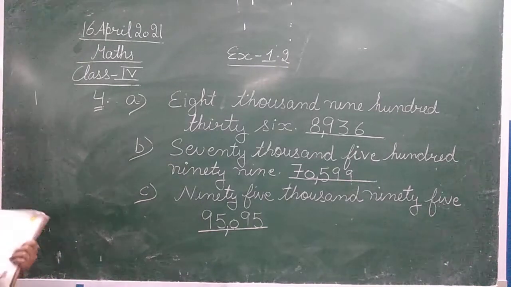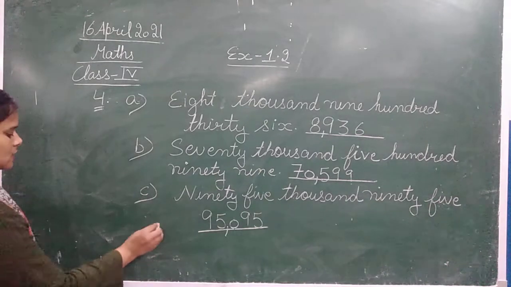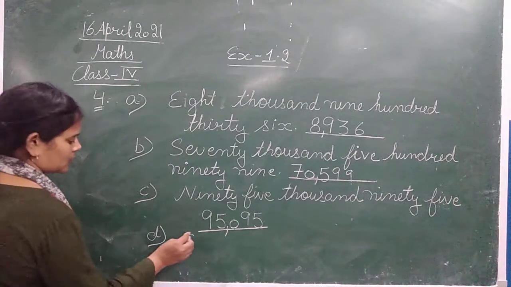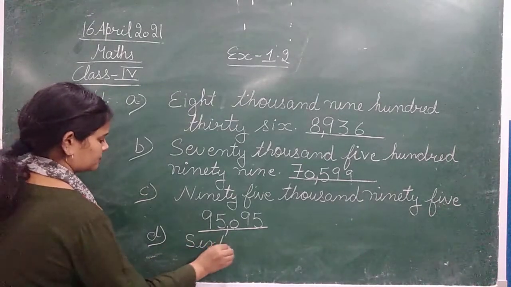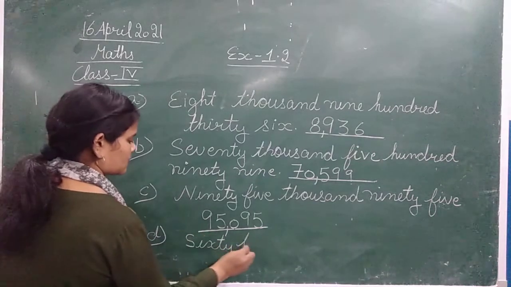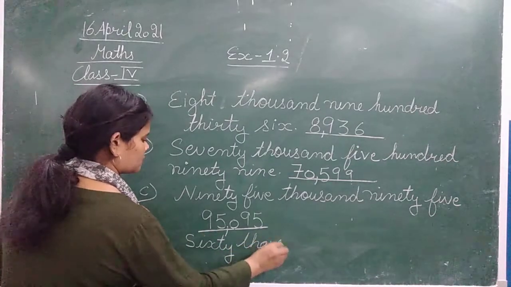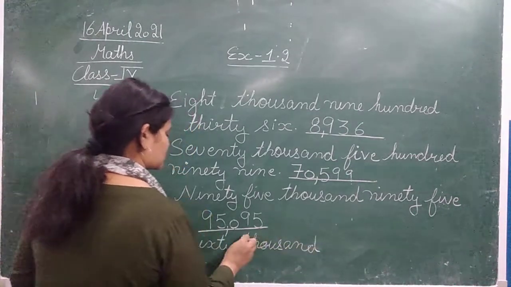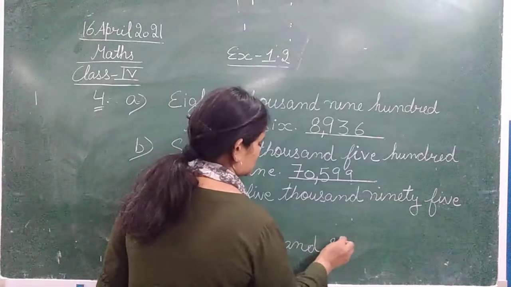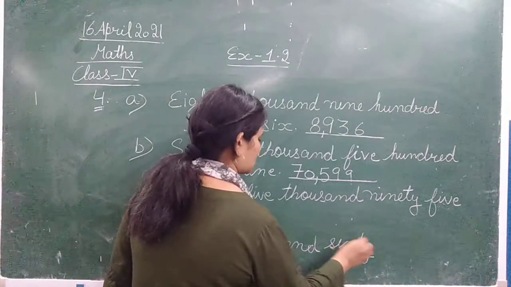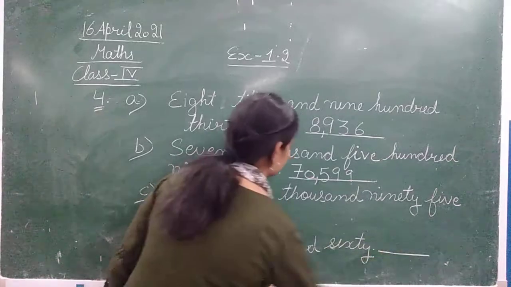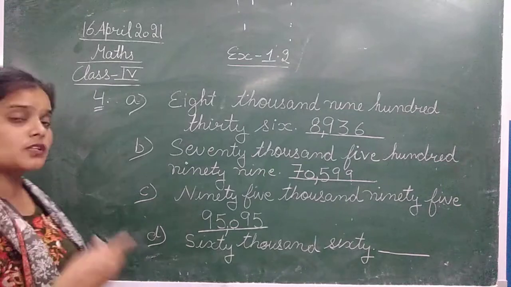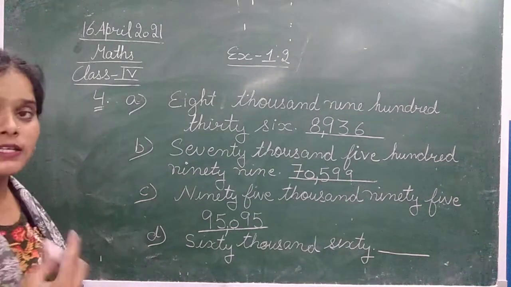Okay. Moving to the D part. The D part is 60,060. So 60,000 is at 10,000 place. 60 is at tens and ones place.